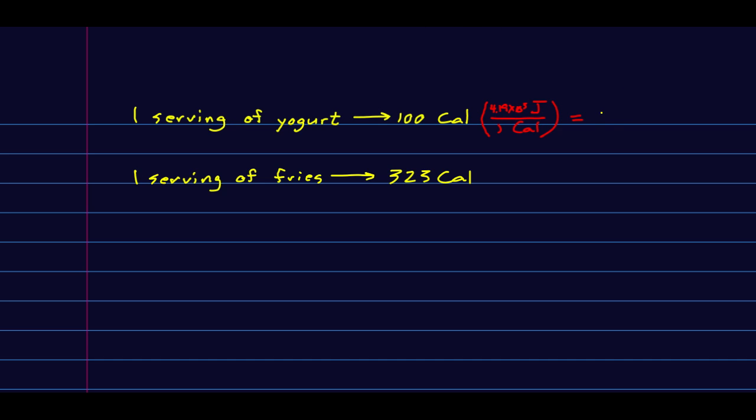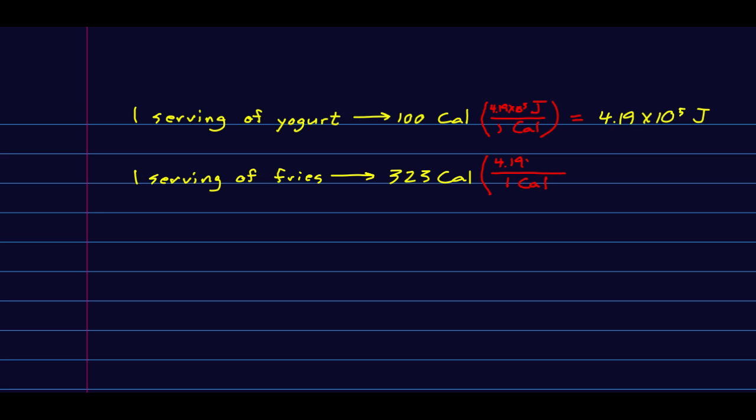So that's an easy calculation. That is 4.19 times 10 to the 5 joules. And at a well-known restaurant, 1 serving of fries is apparently 323 calories. I don't know how they can give it that precisely when the number of fries you get is rather variable. Let's think about sig figs, that's not really possible, but whatever.